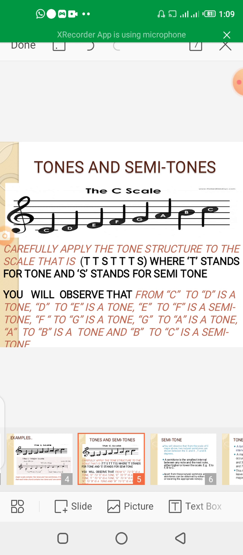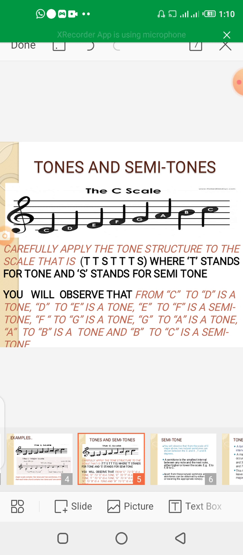Now you will observe that from C to D is a tone. Remember, I will say tone, tone, semitone, tone, tone, tone, semitone. From D to E is a tone. Then from E to F is a semitone. Remember, you must always meet 2 tones before 1 semitone.